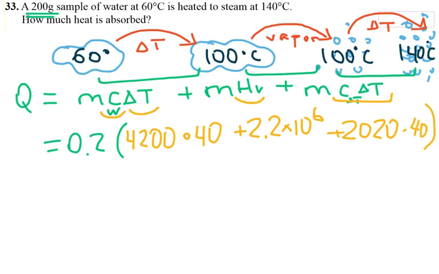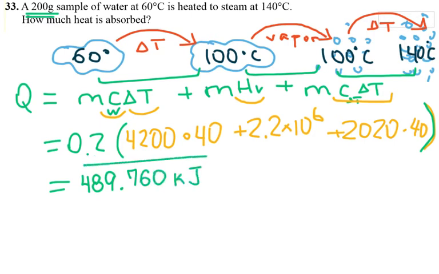Now, plugging this into my calculator will give me the answer, 489,760. I'm going to write joules, or I can do 489.76 kilojoules.